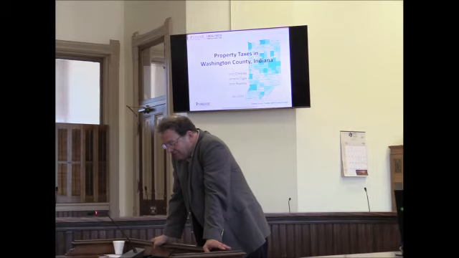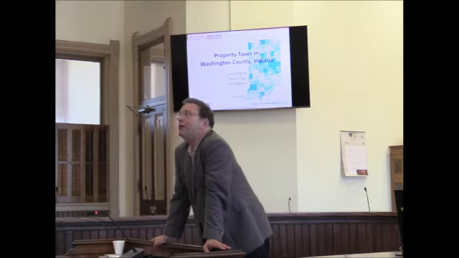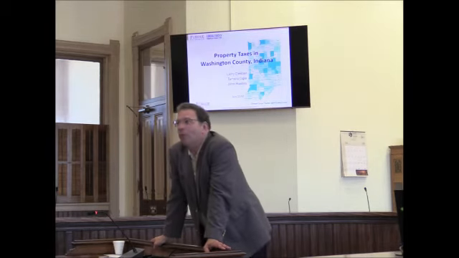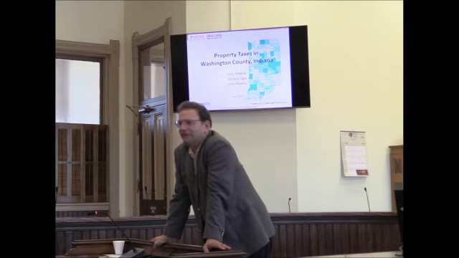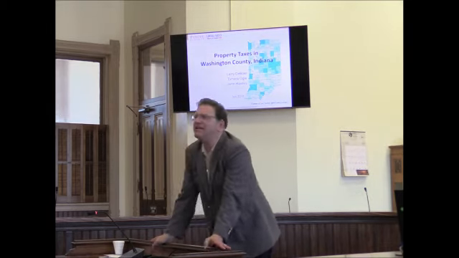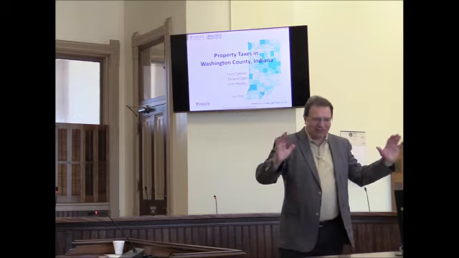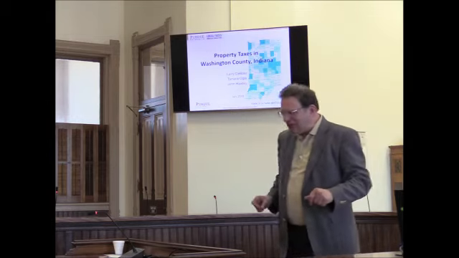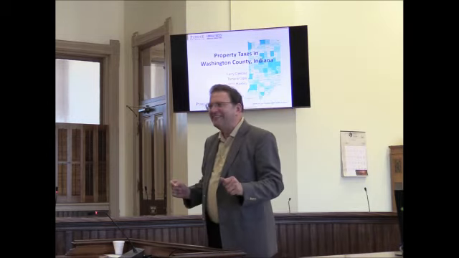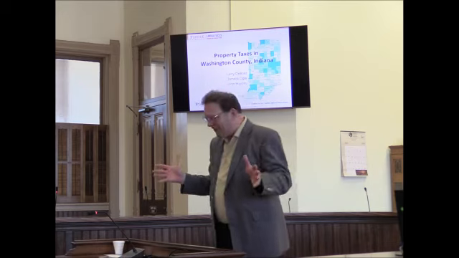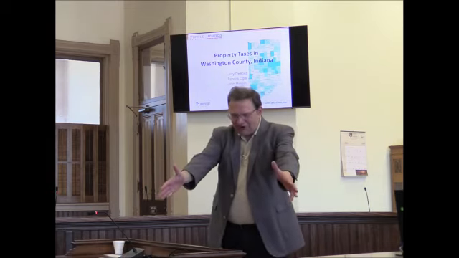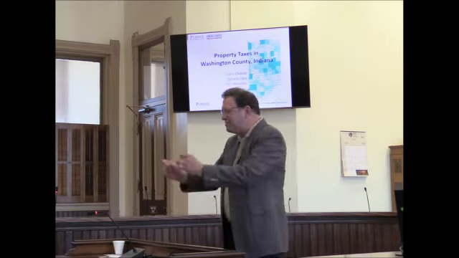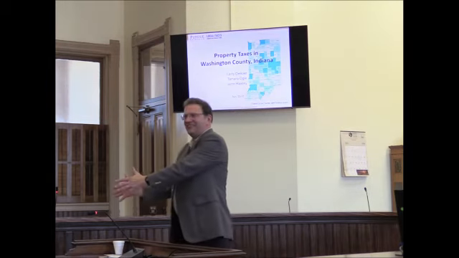TIF districts, if used appropriately, won't have an impact on overlapping revenues. And by appropriately, I mean satisfy, and this is in legislation now, it's in the code, satisfy the but-for test. That's lawyer jargon for the development that occurred would not have happened but for the TIF district.